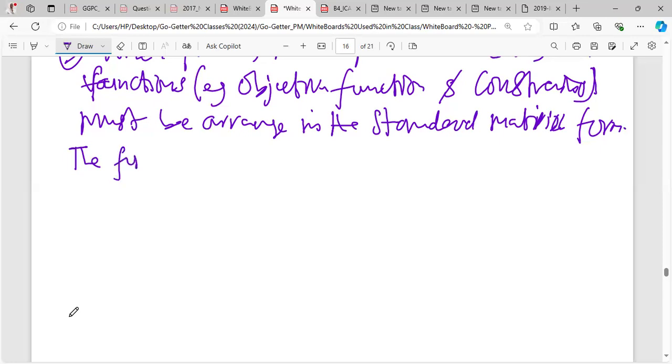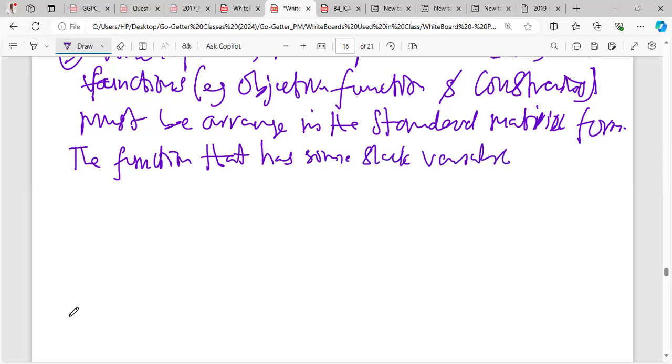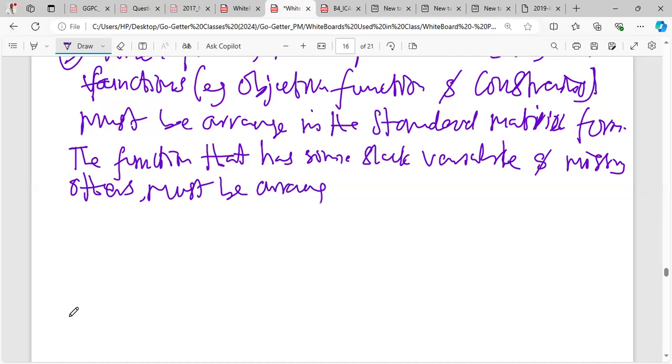the function that has some slack variable and is missing others must be arranged in the same standard form.